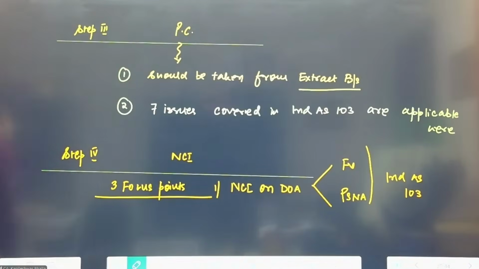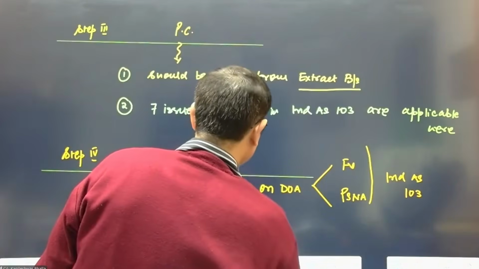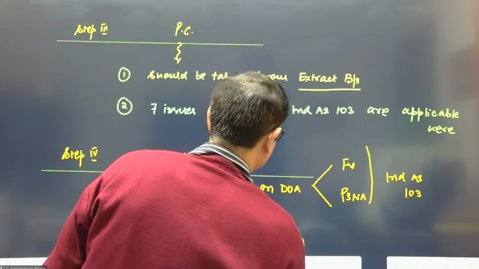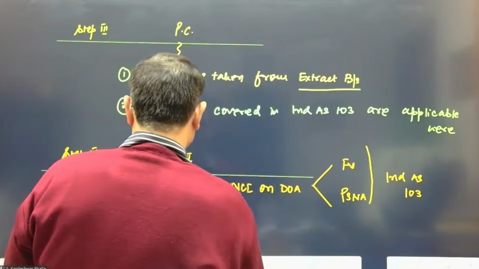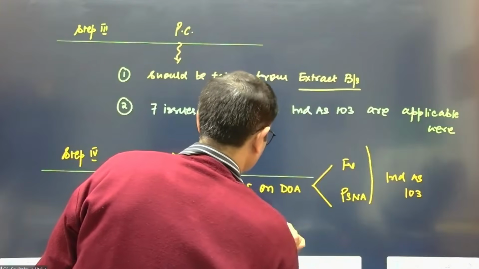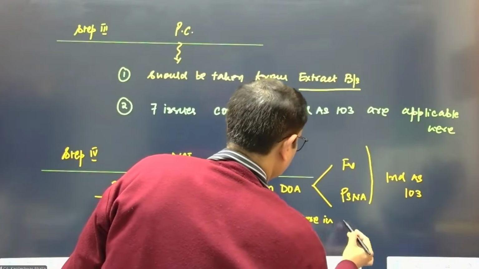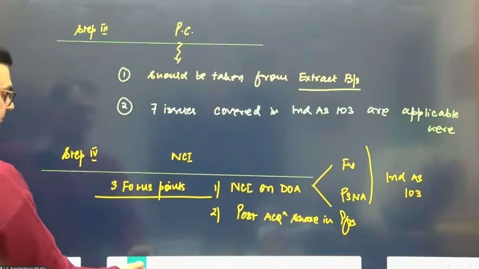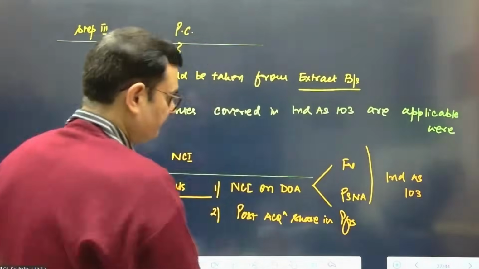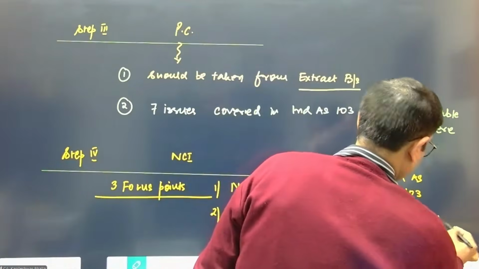Okay, now let's consider this. The second focus point is goodwill impairment. Or I think first, before the goodwill impairment, let's take the post-acquisition change. We take the post-acquisition share in profits. So where do we get this post-acquisition share in profits? Step number 2A from the analysis.